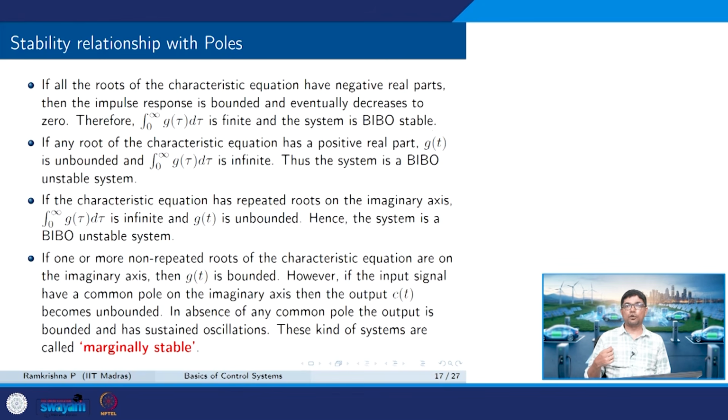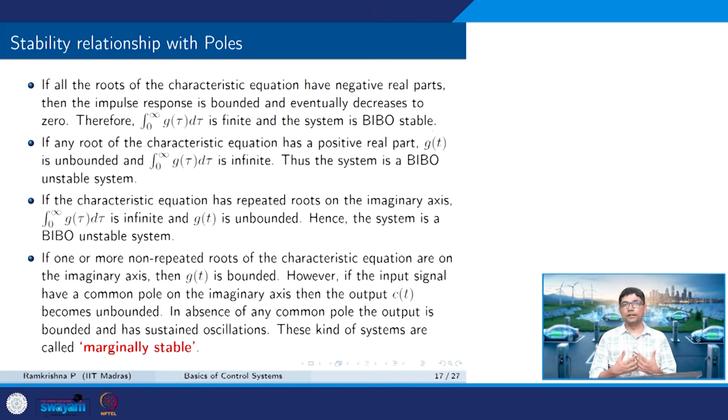What is allowed is j omega minus j omega, 2 j omega minus 2 j omega, that is also allowed. Okay. So, these are the larger notions of stability, instability, and also systems which are marginally stable.